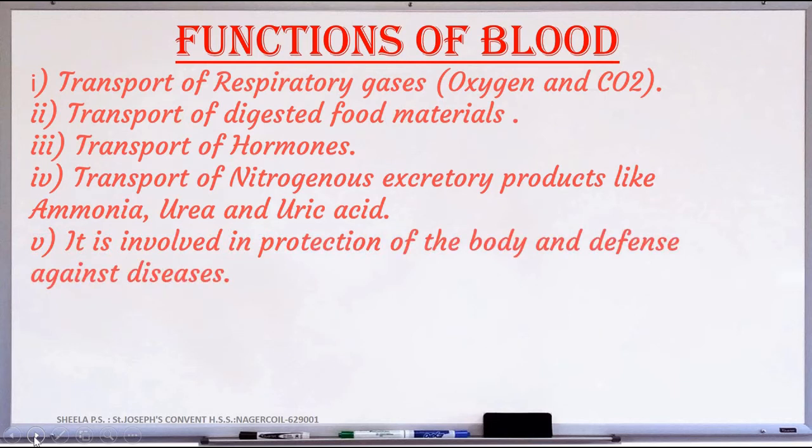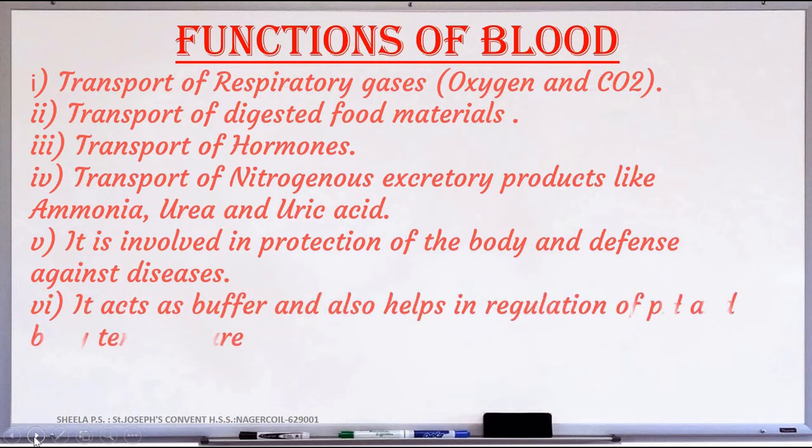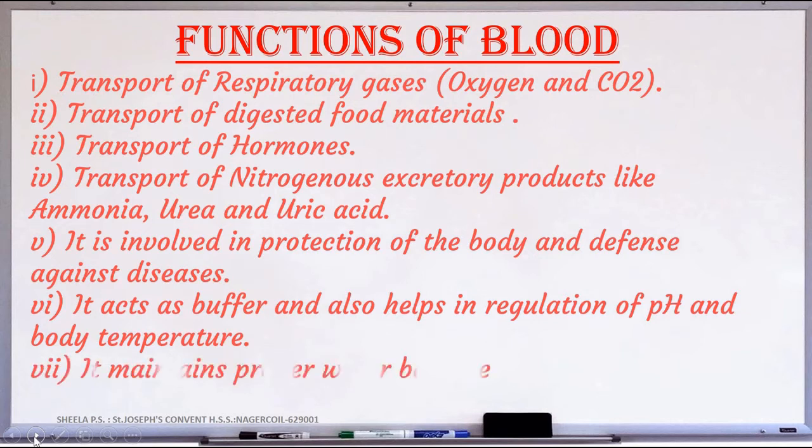It acts as a buffer and also helps in regulation of pH and body temperature. So body temperature is maintained by blood. When there is entry of foreign particles, there will be changes in the temperature of the blood. That's why fever becomes a symptom of any disease. It maintains proper water balance in the body.